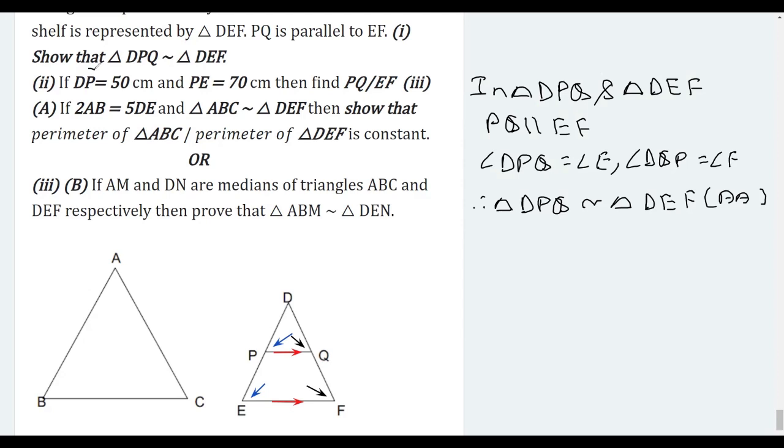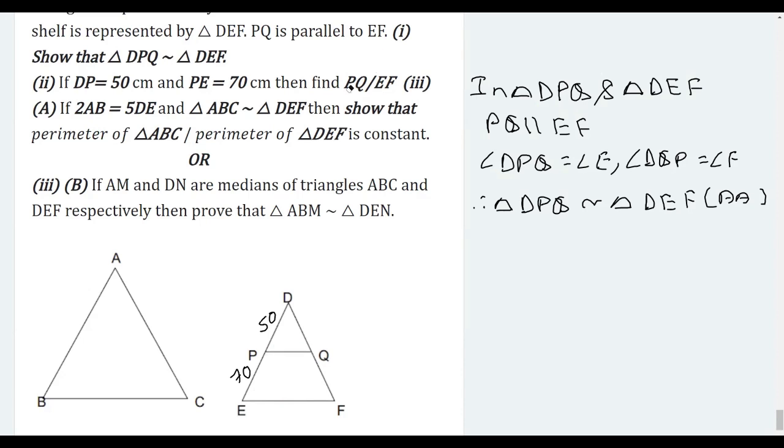Now in the second part, given that DP is 50 and PE is 70, we have to find the ratio of PQ over DE. As you can see, we have proved the triangles similar, so we can write their corresponding sides as proportional.